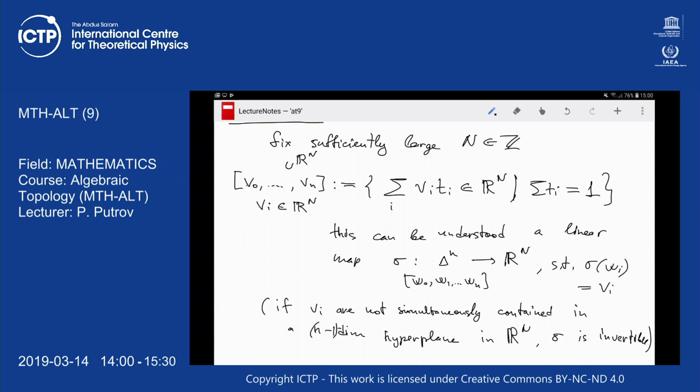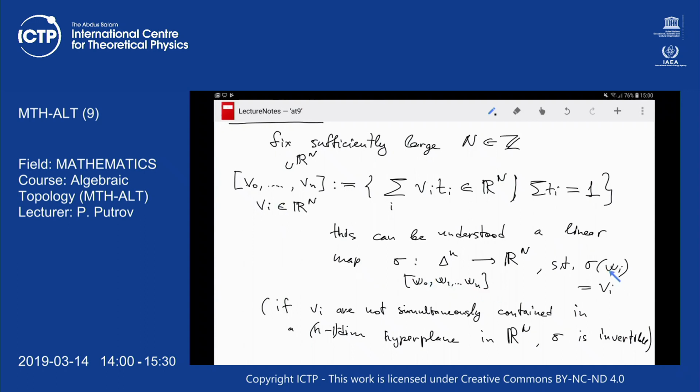So sigma provides a one-to-one correspondence between the standard simplex delta n and this subspace in Rn.